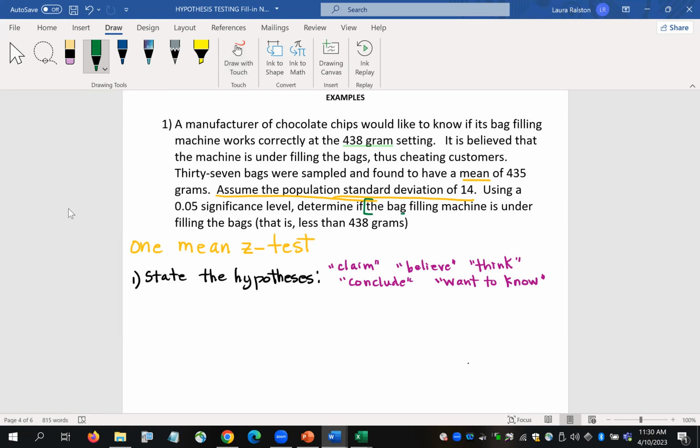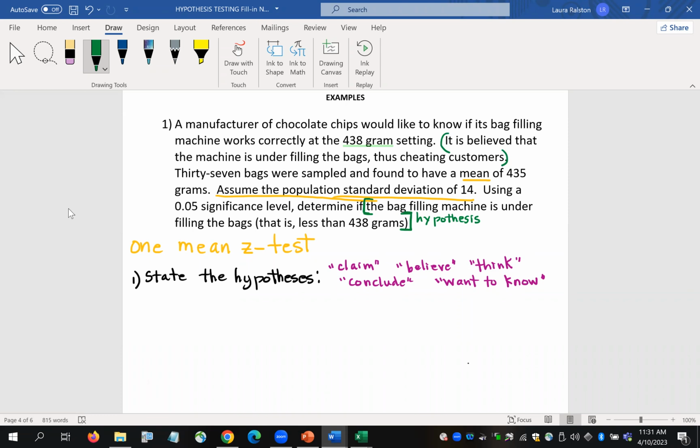Then they define what underfilling means: putting less than 438 grams. That statement that I've squared off is my hypothesis. They actually stated it earlier too, in the second sentence: it is believed that the machine is underfilling the bags, thus cheating customers.